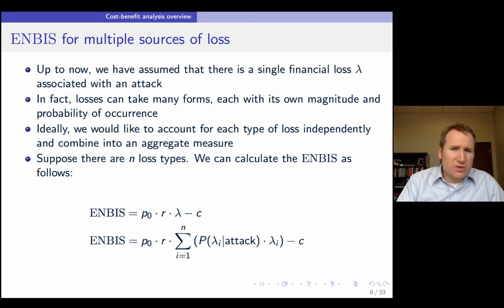We're also going to introduce another wrinkle to our metrics. Up to now we've only considered a single financial loss, lambda, that would be associated with an attack. Either you have that loss or not. But in fact, losses can take a lot of forms, and each has its own magnitude and probability of occurrence. So let's say there's an earthquake.